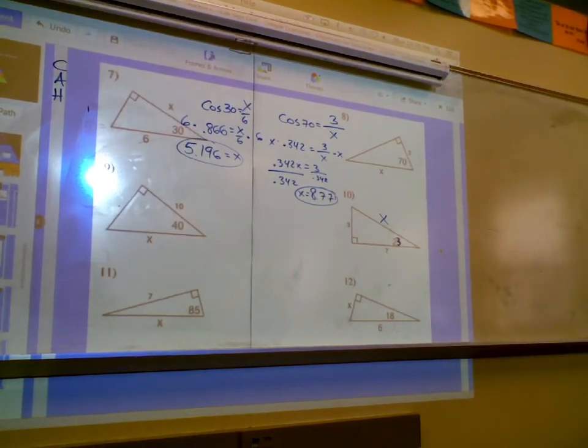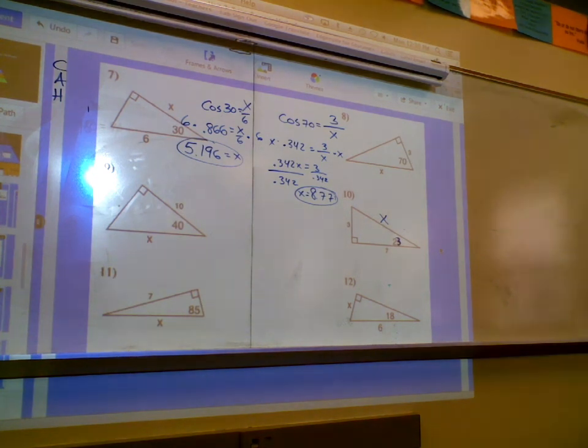Maddie, you alright? So, number 11. Do you want to use cosine or sine? We can choose which one we want to use. Well, that one, what's the 7? Is it opposite or adjacent? It's opposite. So what might you use for opposite?